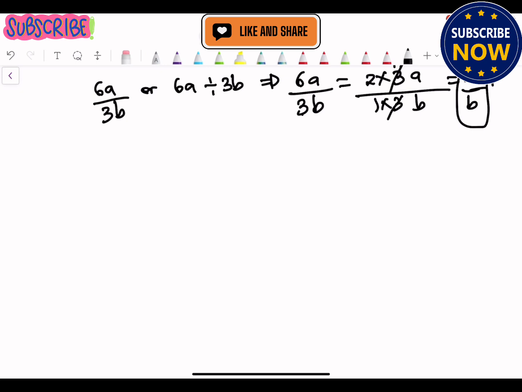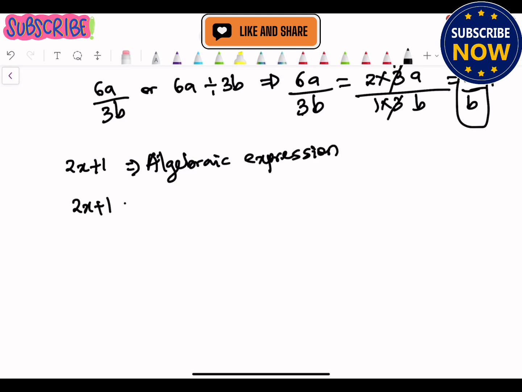Also, like I said, 2x plus 1 is what we call an algebraic expression, because this doesn't have an equality sign. But if I have this equal to 3, this is an equation, not an expression. You see the difference? This has an equality sign. This doesn't have an equality sign.